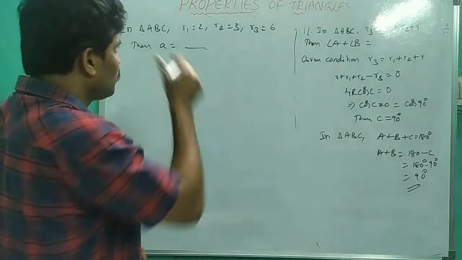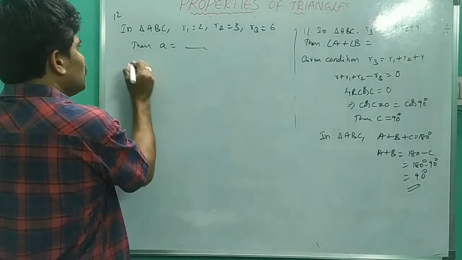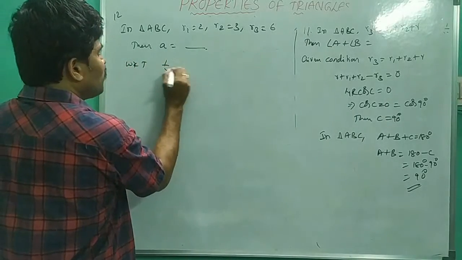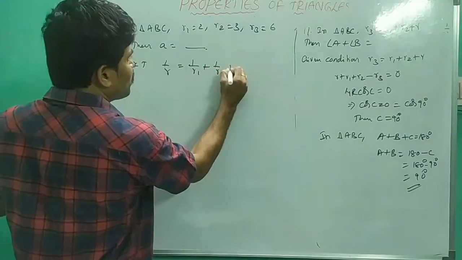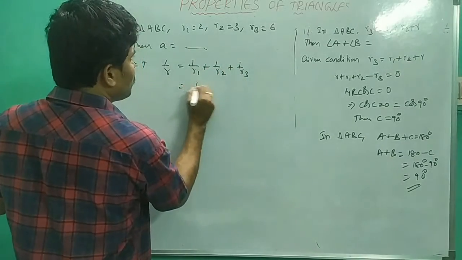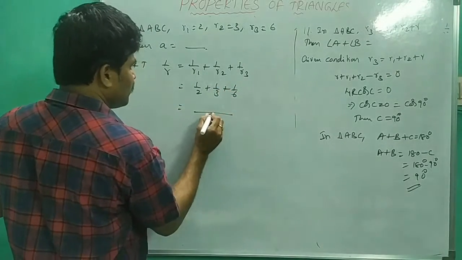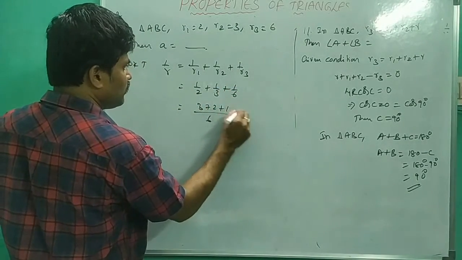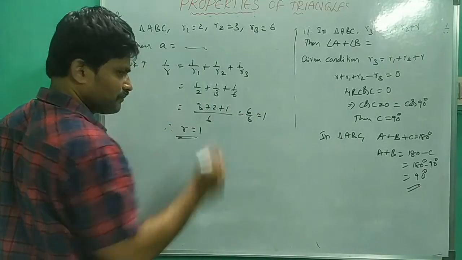Here also, using one condition, first we find the r value. 1 by r equals 1 by r1 plus 1 by r2 plus 1 by r3, that is 1 by 2 plus 1 by 3 plus 1 by 6. Now the LCM is 6, so this is 3 plus 2 plus 1, that is 6 by 6 equal to 1. From that condition, r equals 1.